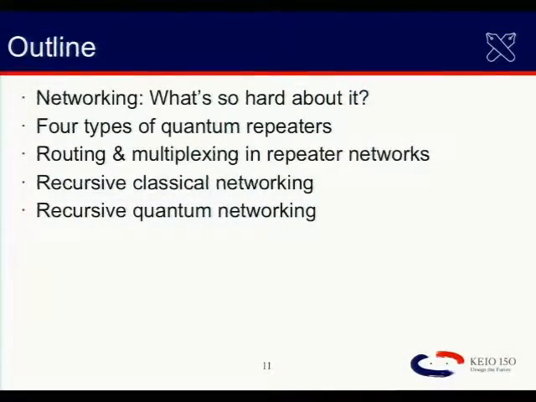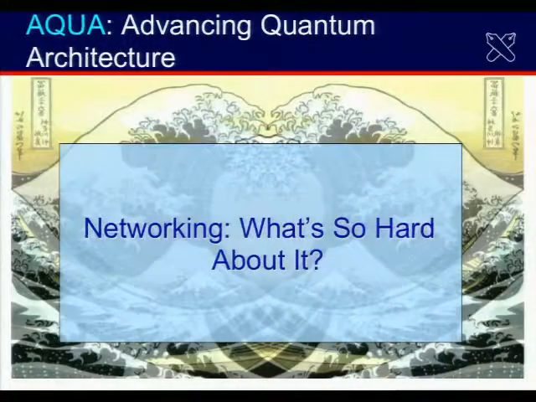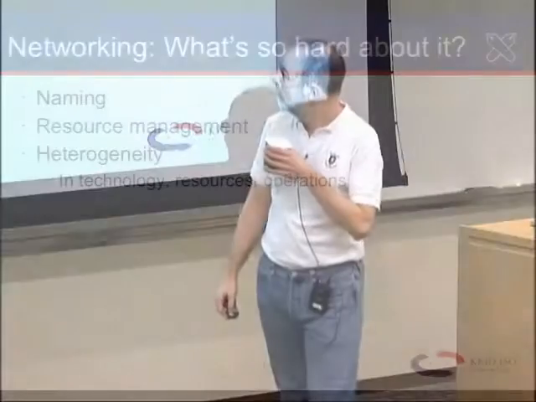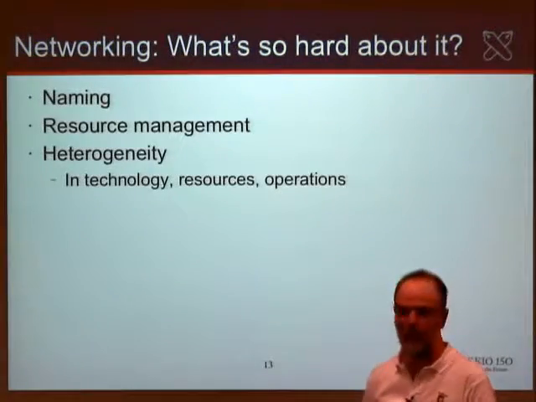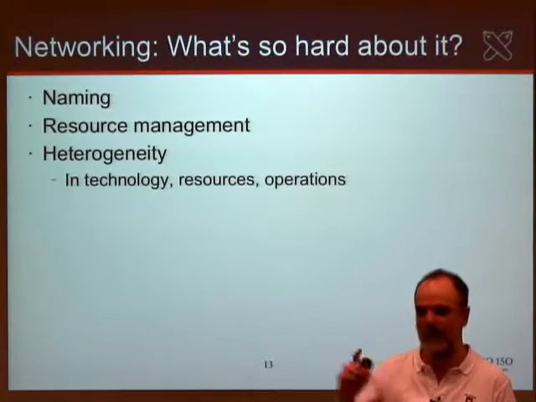Okay. So, networking, what's so hard about it? We can skim through this part, I think. Naming, resource management, heterogeneity in technology, resources and operations. This is one that would never even occur to the physicists. Microsoft owns one network, Google owns another network, Layer 3 owns another network, Cable and Wireless owns another network, and they don't want to tell each other more than they have to, in particular about the internals of their network.